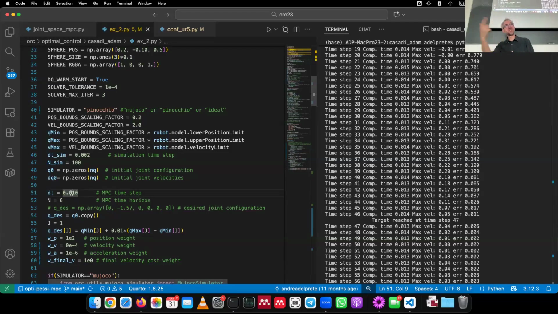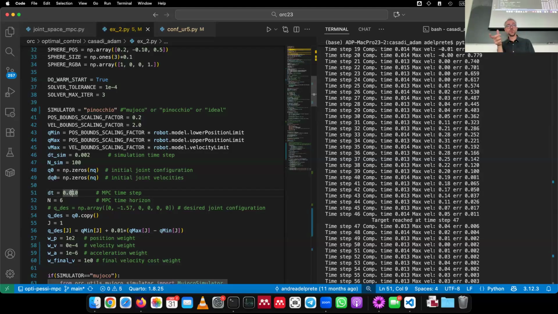But then having a much larger time step leads to the problems I just mentioned. So sparsity for the constraints enforcement, like collision avoidance or joint position limits. Because I'm polling the state of the robot less and less. Yeah. And so also the discretization in time of the control inputs.